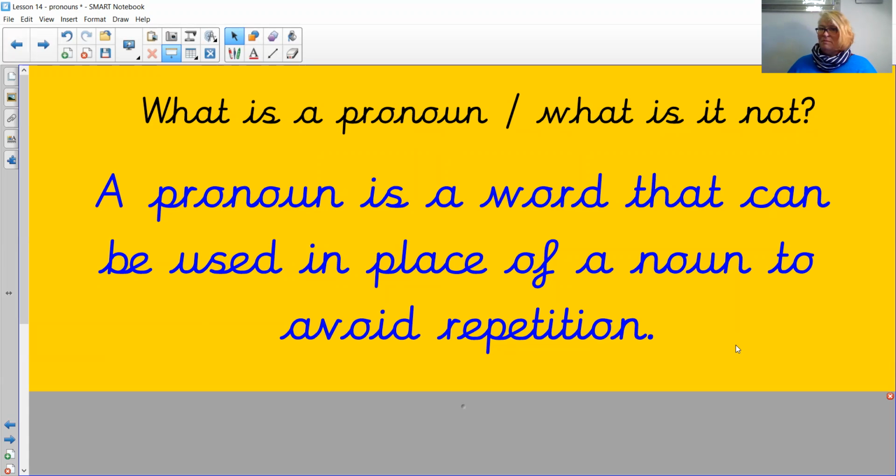So I might say at the moment, Betty is sat by me. Betty is waiting for a treat. Betty is sat nicely. Oh, that's a bit boring, isn't it? I could say, Betty is sat by me.